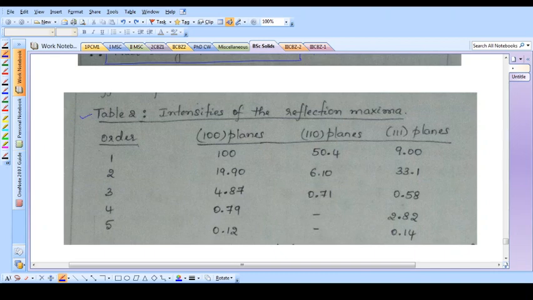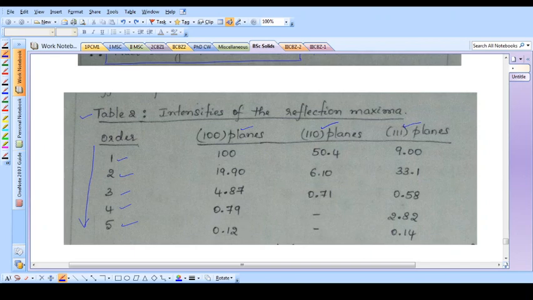Down the column you have order of reflection: first order, second order, third order, fourth order, and fifth order reflection, and the intensity of the X-rays reflected from a 100 plane, 110 plane, and 111 plane, corresponding to first order up to fifth order reflection.